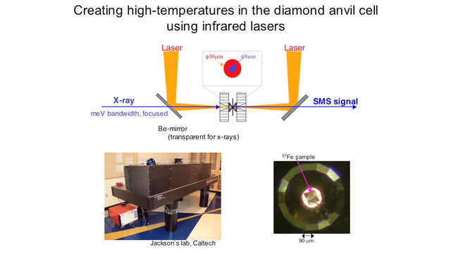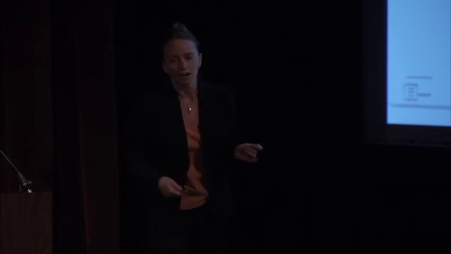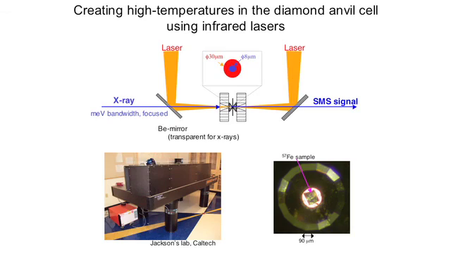In our lab, we also have a laser heating system that we're able to at least test the sample configurations and do phase relation studies in the future. So here is the iron metal foil that's inside the sample chamber. It's only about 90 microns in diameter, so that's about 0.09 millimeters. So very tiny.